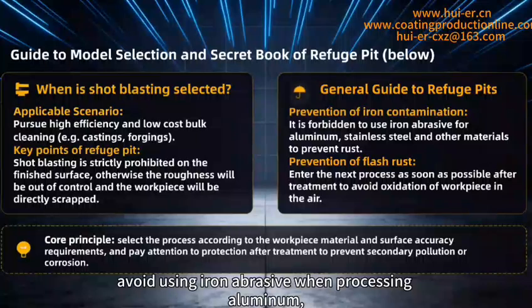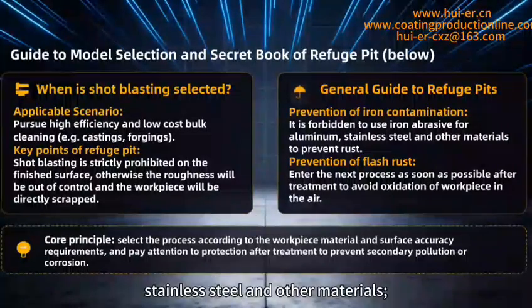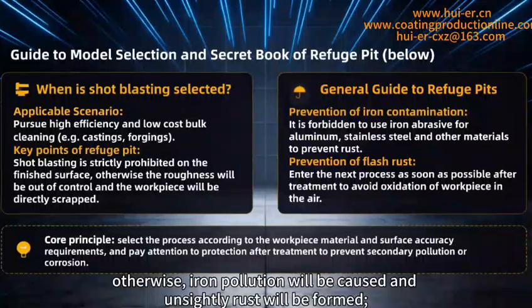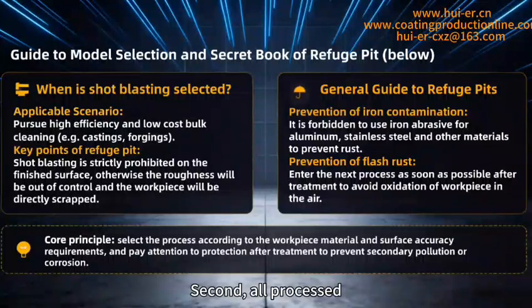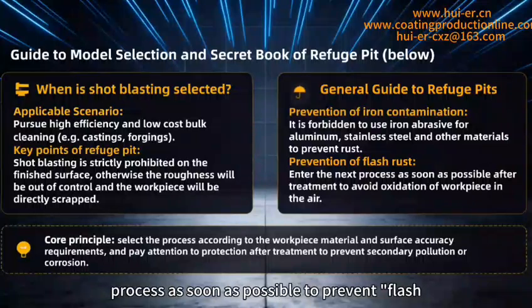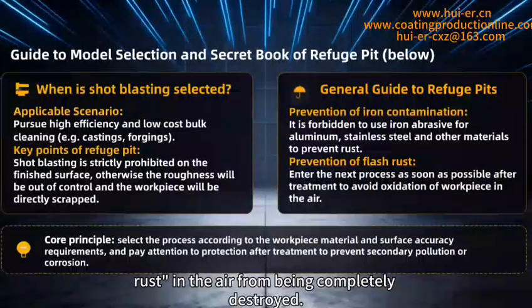First, avoid using iron abrasive when processing aluminum, stainless steel, and other materials. Otherwise, iron contamination will be caused and unsightly rust will form. Second, all processed workpieces should be put into the next process as soon as possible to prevent flash rust in the air from completely ruining them.